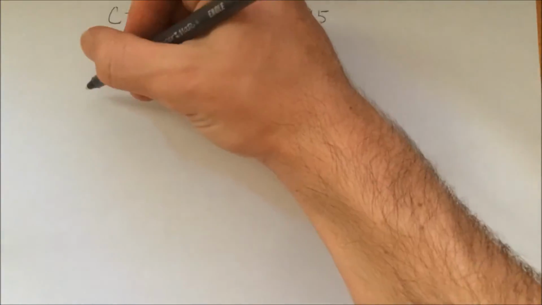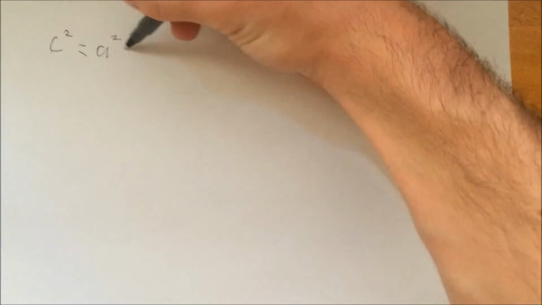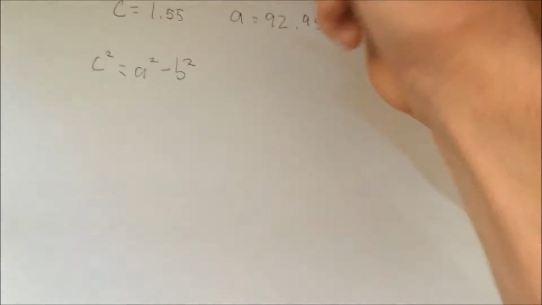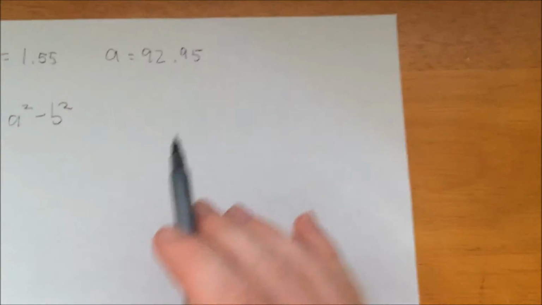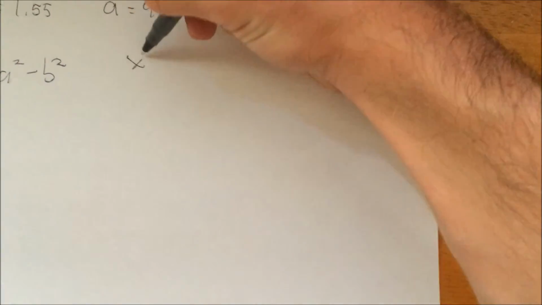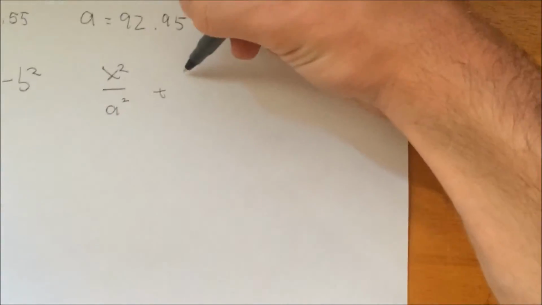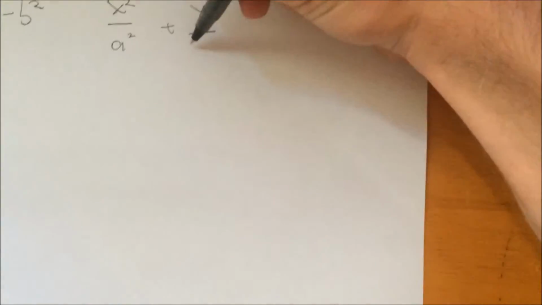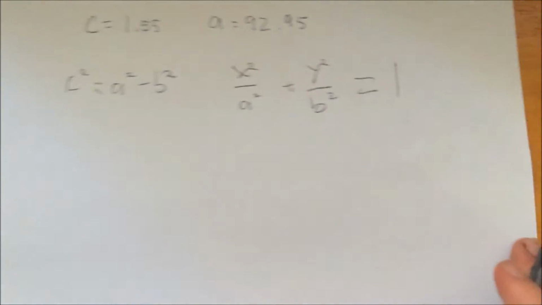You will use the formula C squared equals A squared minus B squared to find our B value to plug into the ellipse formula, which is x squared over A squared plus y squared over B squared equals 1.